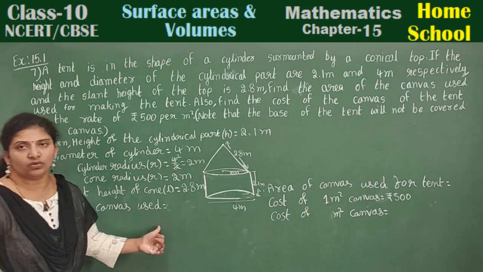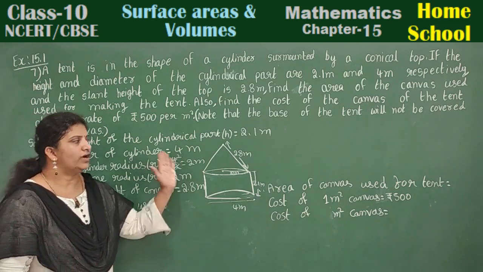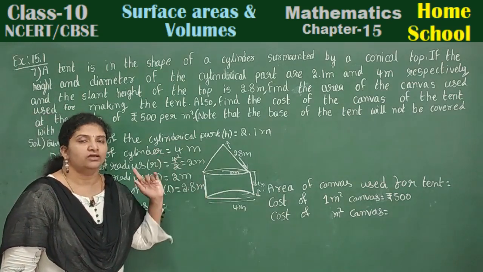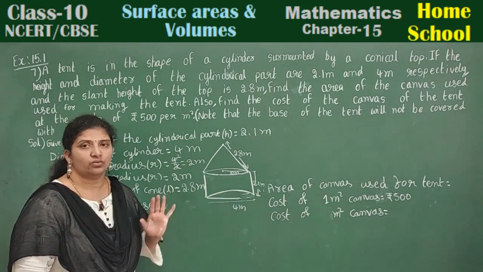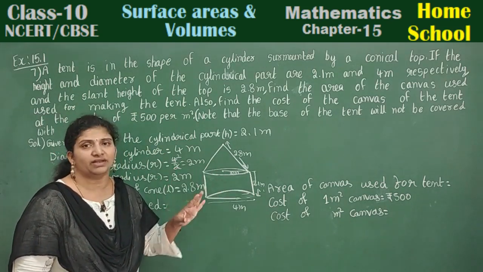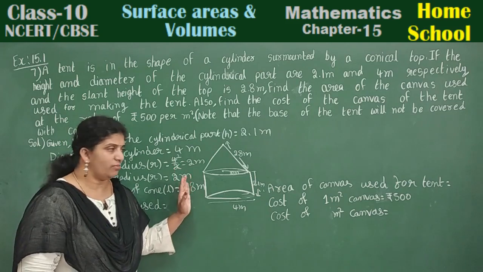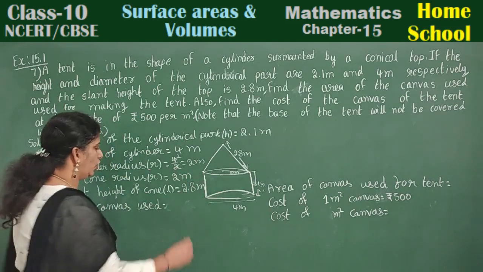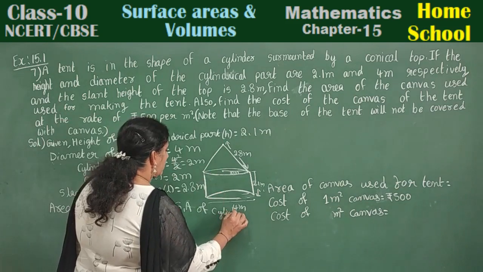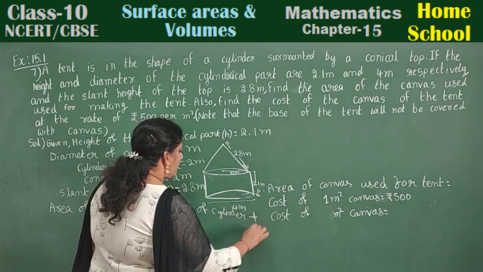Area of the canvas used. What is the total area? Remember here children, this tent does not have a base. Whereas if we need to find the complete area, you can take the formulas for CSA of a cylinder plus CSA of a cone.